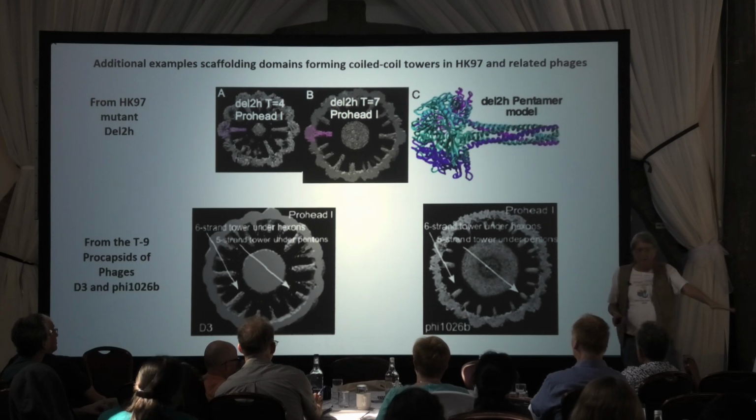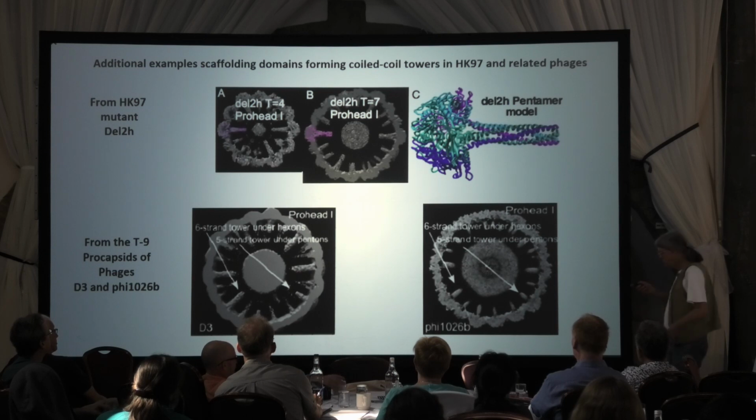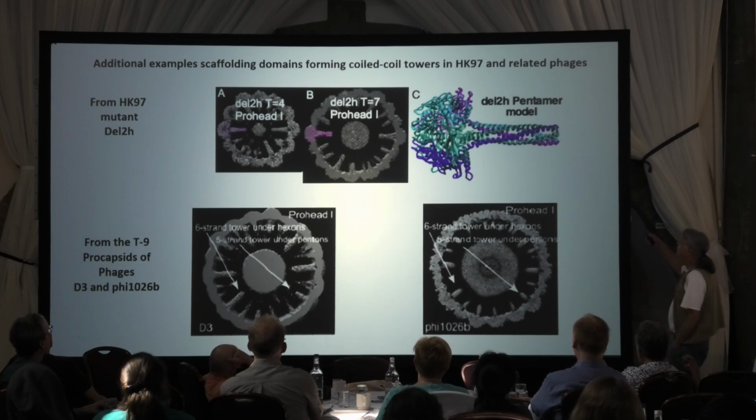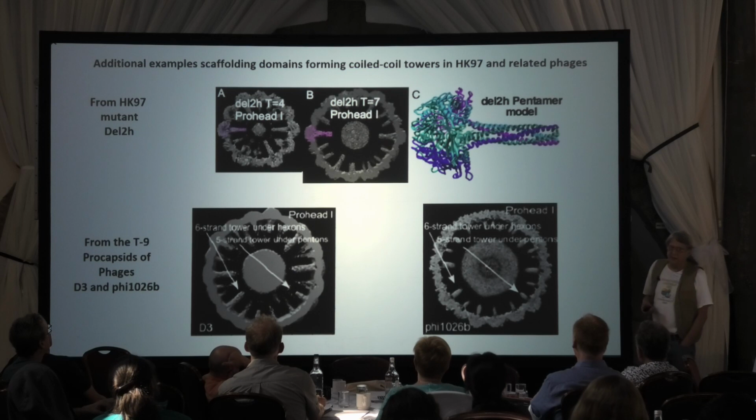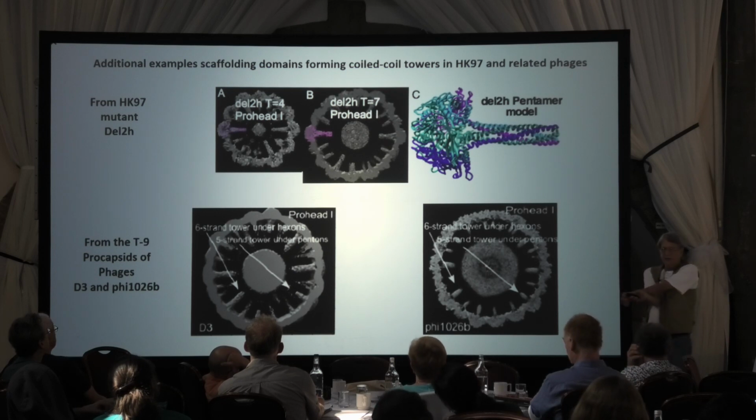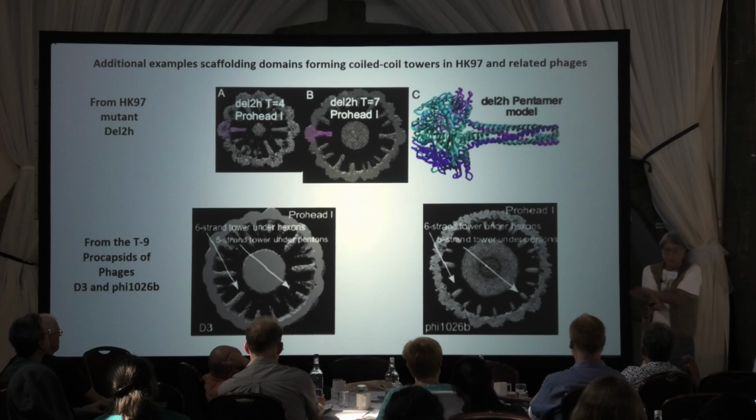That may be a little too much detail for you, but ask me questions about it later. But anyway, the argument is that the N-terminus of the HK97 capsid protein has this tendency to make alpha helical coiled coils, probably of various kinds, and they may have a role in assembly.